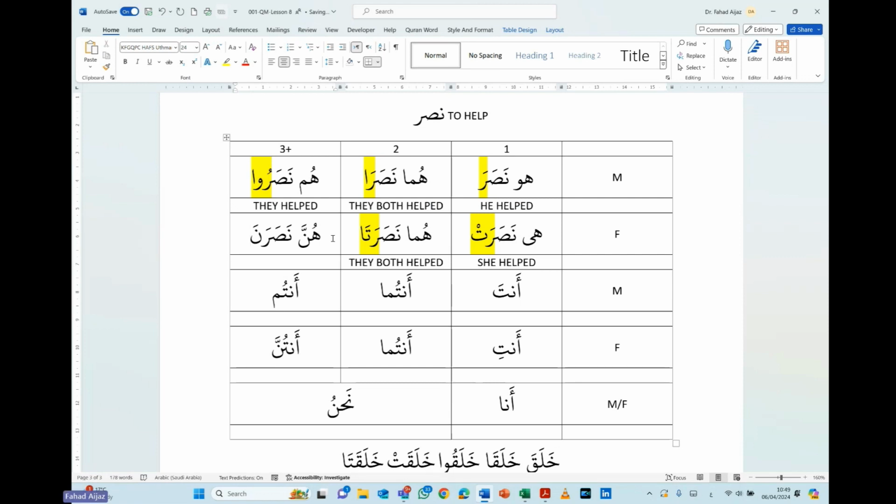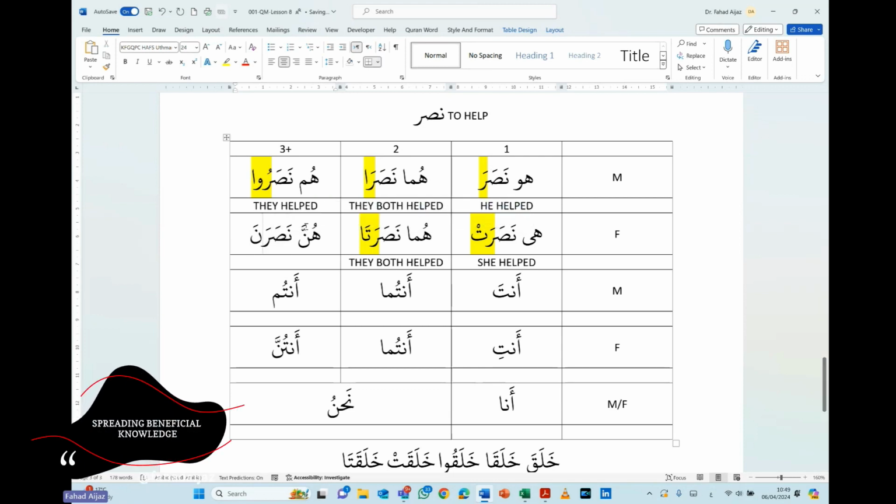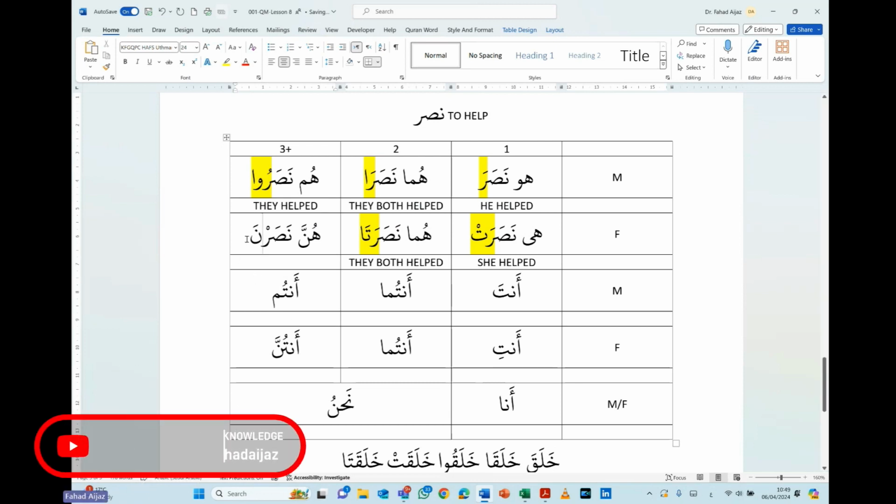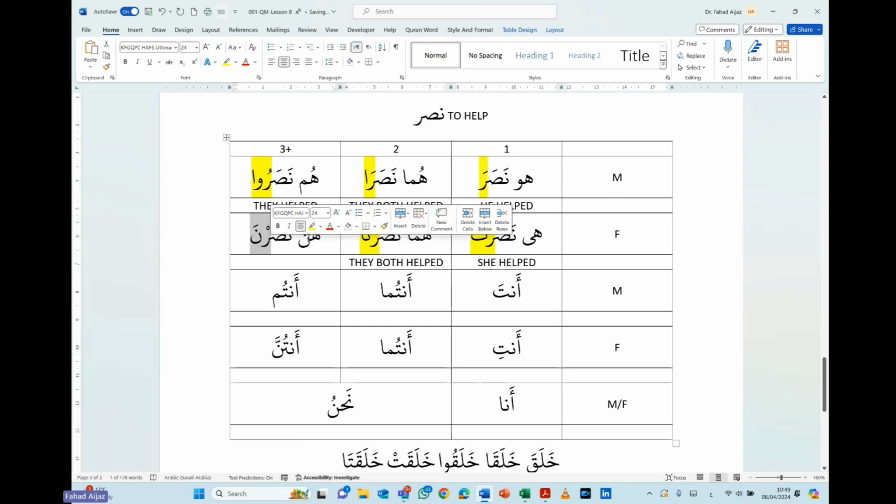And to differentiate myself from huwa, which has the three fathas, I'm going to put sukoon on the ra. The sukoon and na ending, nasarna, that ending is telling you this is hunna. Okay, you understand? So it means they helped, but feminine in this case.